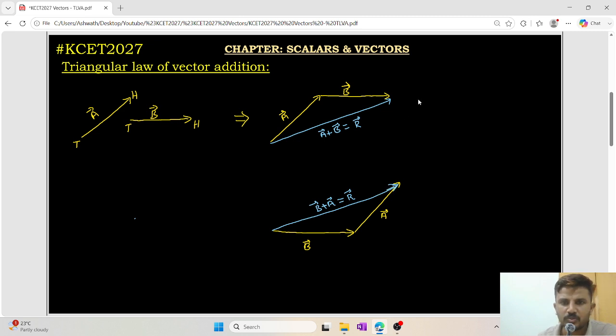So that's why we can write A plus B is equal to B plus A. That's why we say the triangular law of vector addition is commutative.